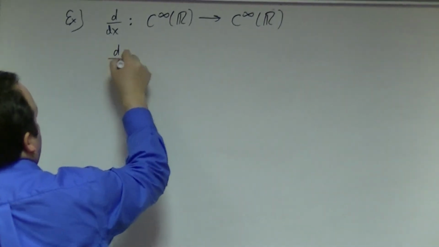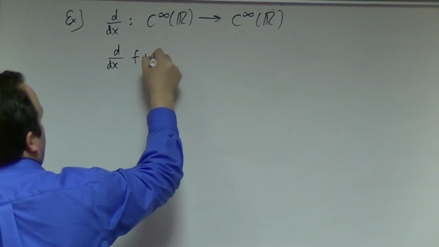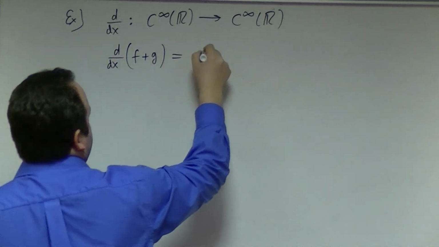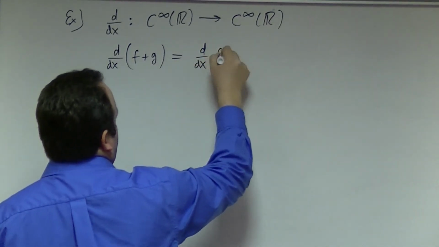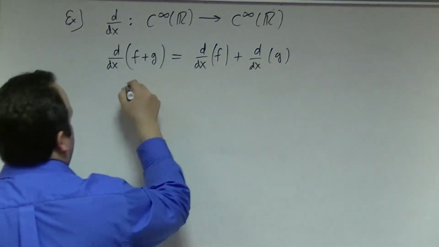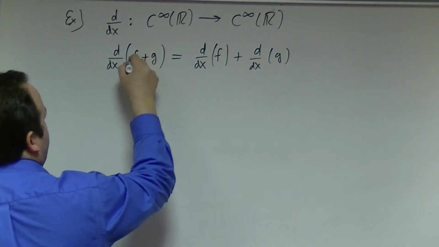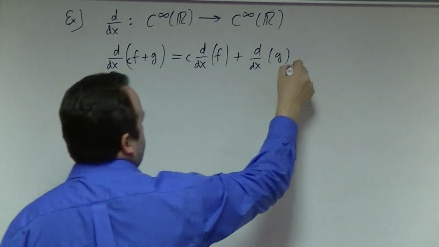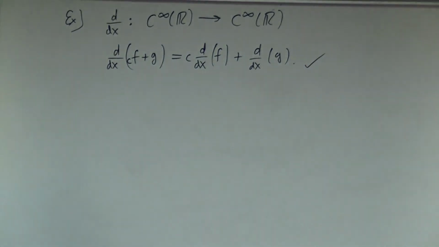So is d/dx of f plus g, what is it equal to? It's d/dx of f plus d/dx of g, right? And you can pull a constant out too, right? So if you've got that, differentiation is a linear transformation on function space.